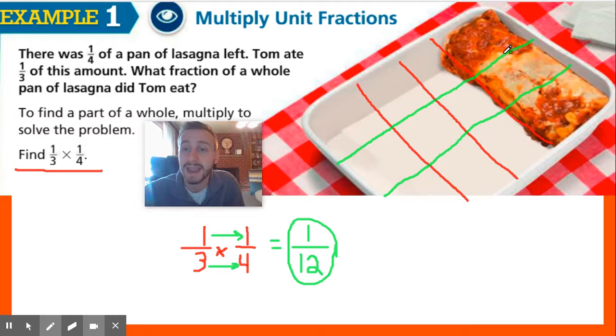If Tom ate 1/3 of this 1/4 piece, this piece right here would be 1 out of 12 pieces. And isn't that what our answer is telling us? That Tom ate 1/12 of a whole pan of lasagna? So that's where we get our answer from. Hopefully that makes a little bit of sense. Okay, let's try another one.